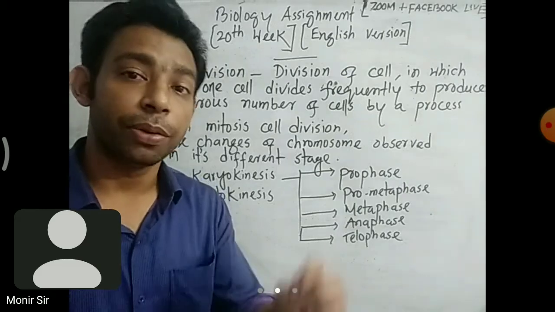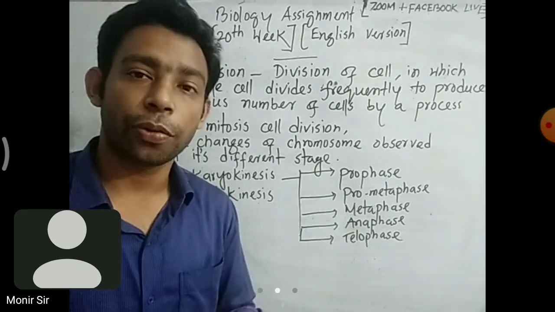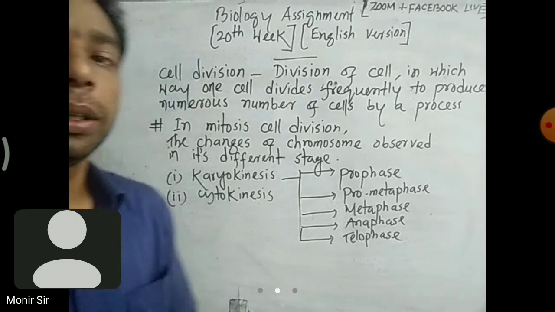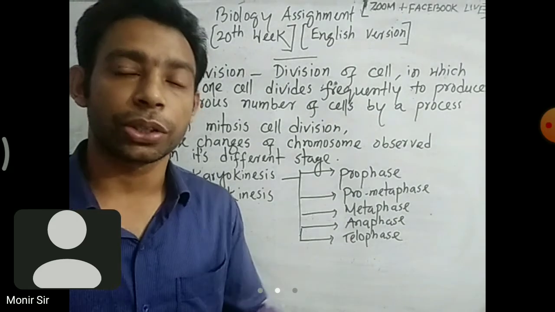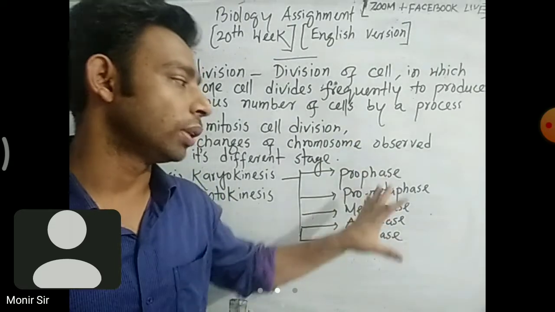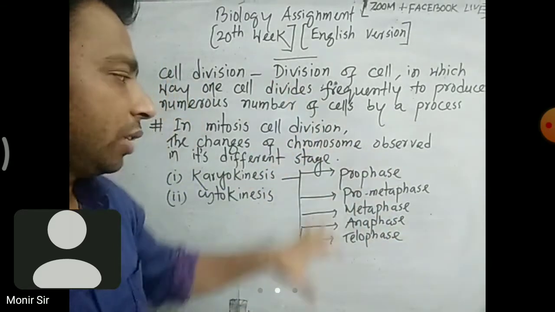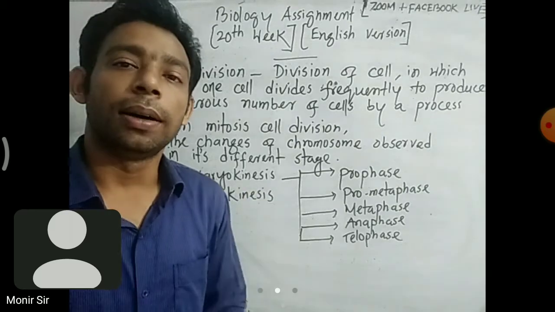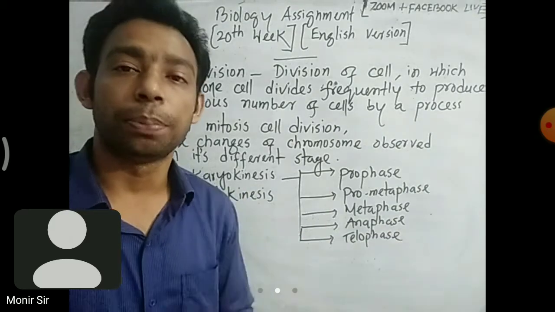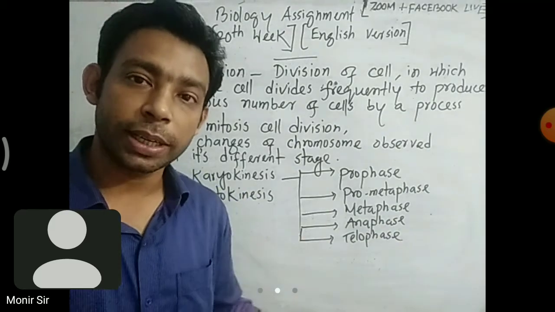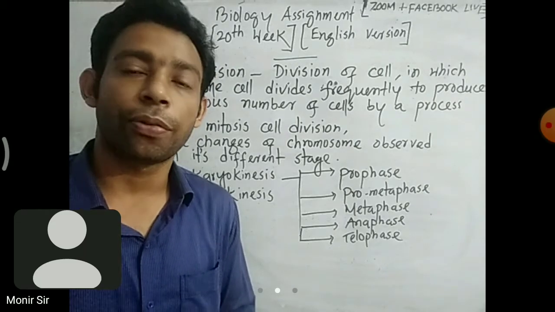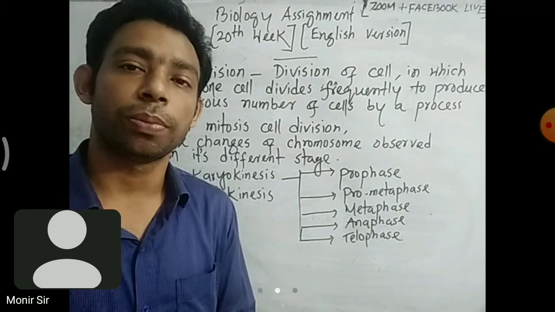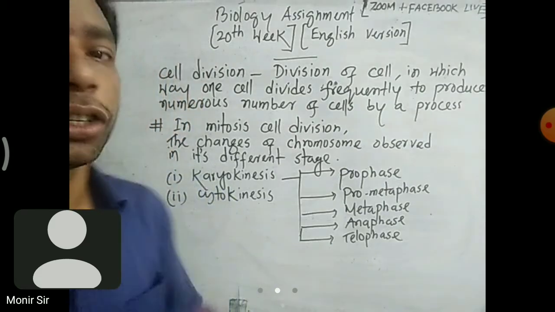Before the prophase, we will go through the interphase, a preparational phase of the nucleus. After writing this, we will show the phases on the poster paper as a project, or on the opposite side of the calendar. That would be better for showing the change of chromosome in different stages.